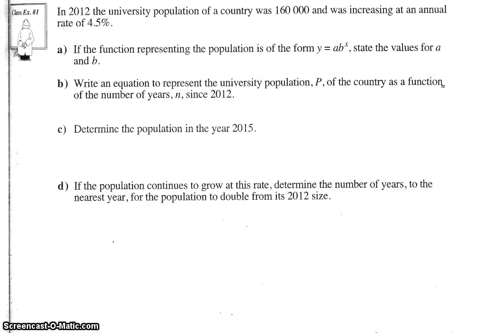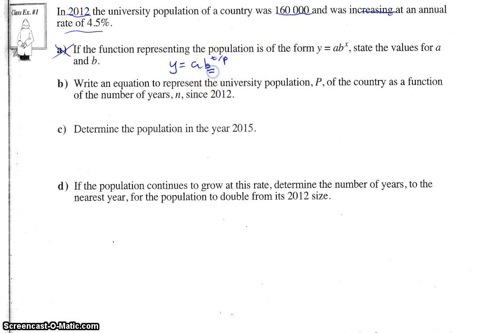In 2012, the university population of the country was 160,000, and was increasing at an annual rate of 4.5%. So this time we're increasing at a particular rate, a percent. We're not going to do part A, and we're going to use y equals ab to the t over p, like we've been doing on the other ones.